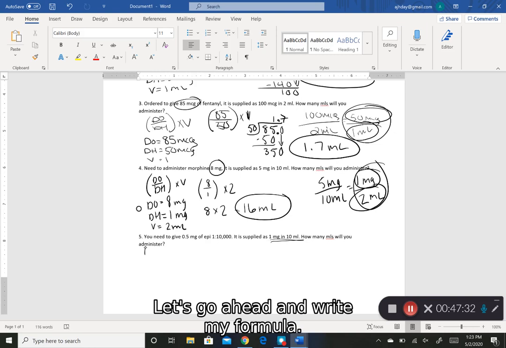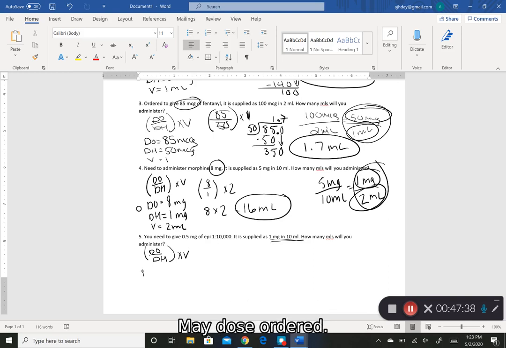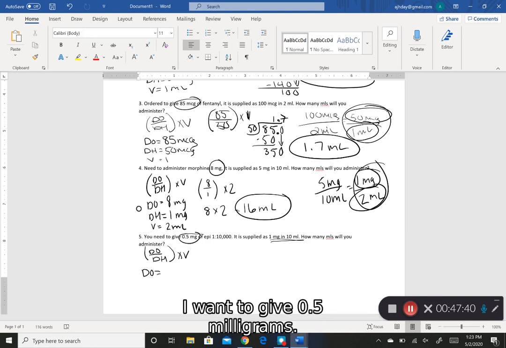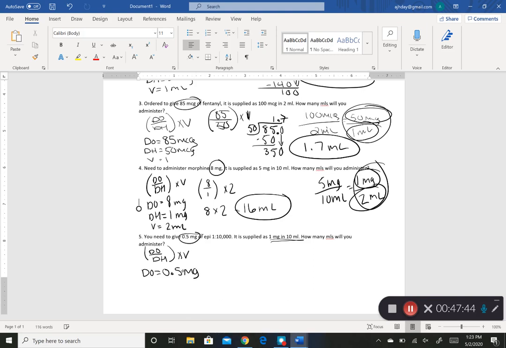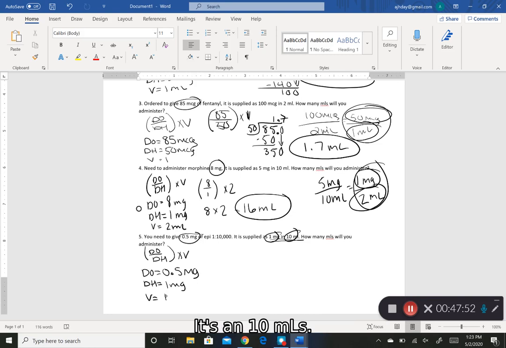Let's go ahead and write my formula. Dose ordered over dose on hand times volume. My dose ordered, I want to give 0.5 milligrams. My dose on hand, I have 1 milligram. In volume, it's in 10 mLs.